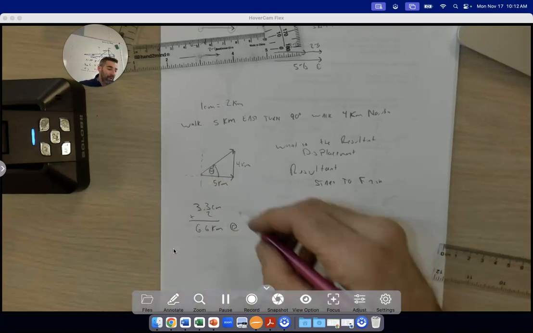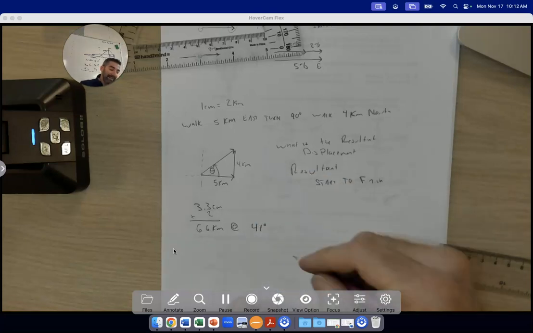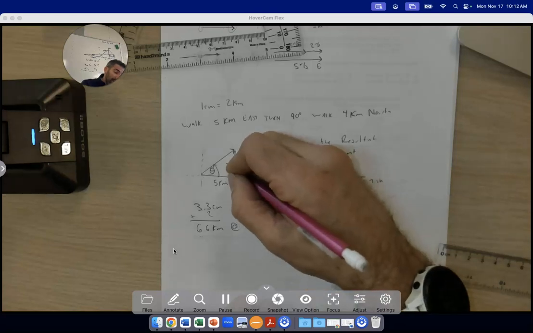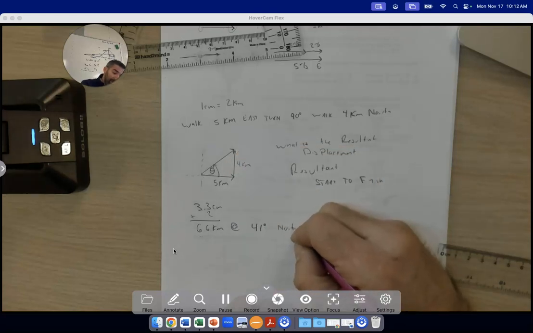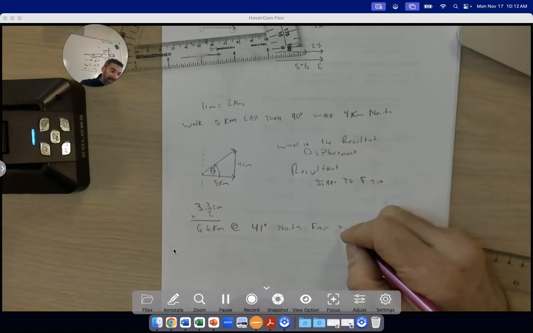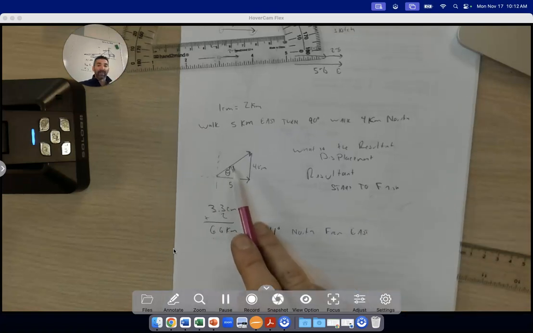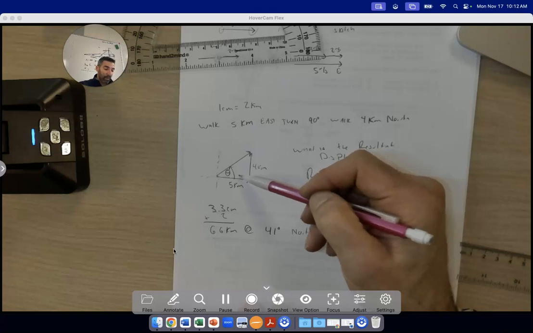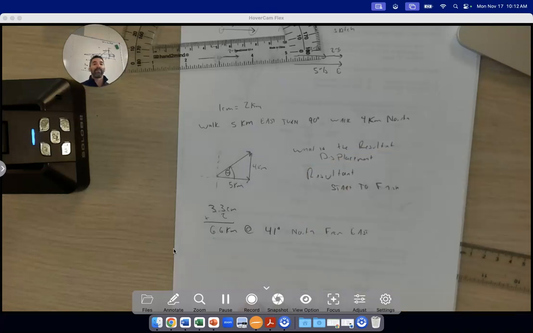This would be at 41 degrees. Or if I'm being specific, talking to a non-physics person, I went north from the east direction. Here are my cardinal directions, north, south, west, east. I went 41 degrees north from east.